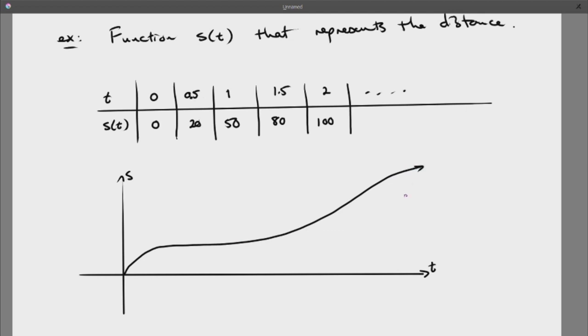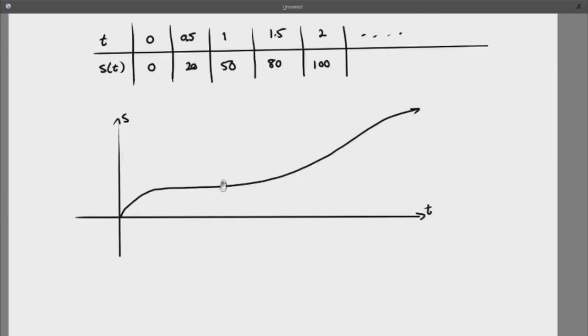There's some function behind this. So then you can ask, I want to know how fast I'm going at certain parts. Let's suppose I want to know how fast I'm going over the first hour, for example.